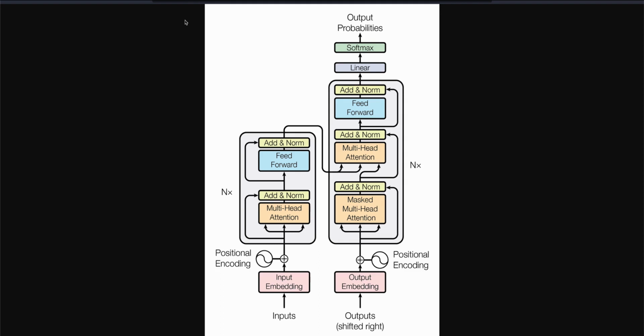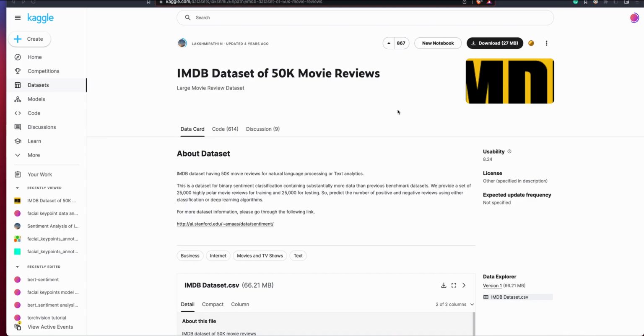So now let's get started on a project with BERT, which is going to be sentiment analysis of movie reviews, where we implement BERT and make a classifier. Today we are going to look at BERT-based sentiment analysis.